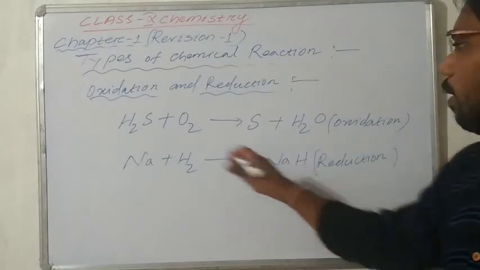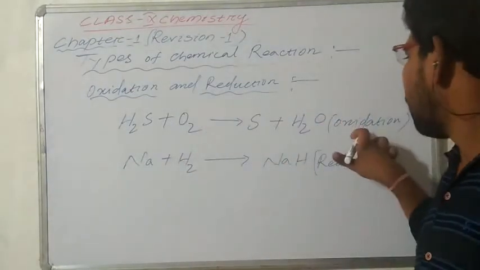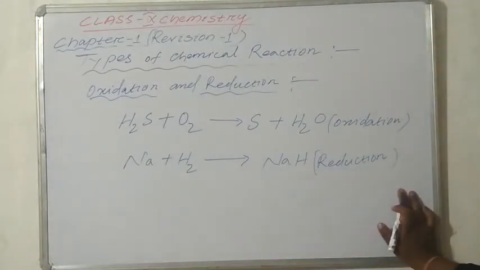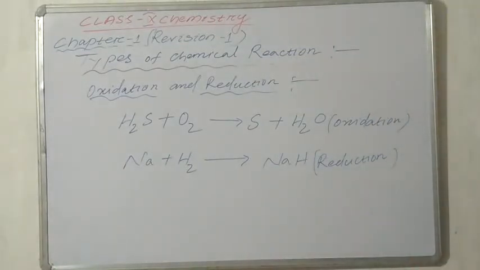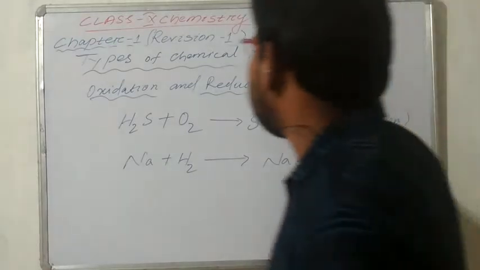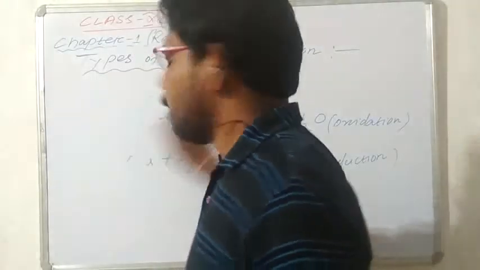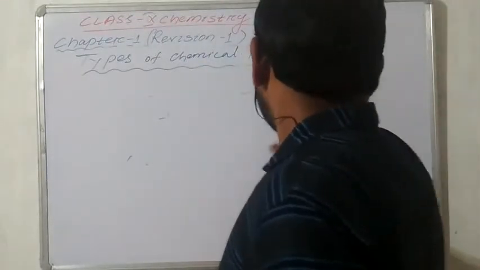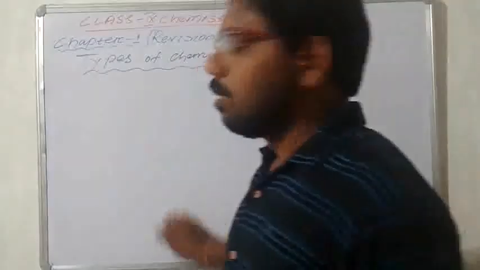Here oxygen is added, so it is an oxidation reaction, and here hydrogen is added, so it is a reduction reaction. When both oxidation and reduction occur simultaneously in a chemical reaction, it is known as a redox reaction. So what is a redox reaction?